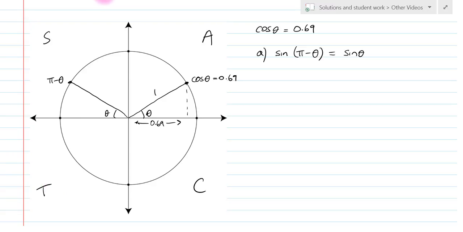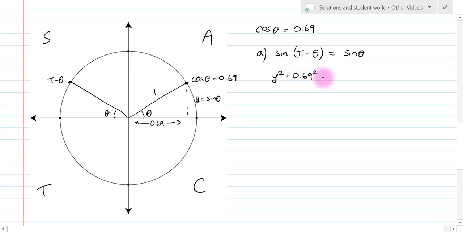And this is where a little bit of Pythagoras' theorem will help us. Let's call this value y. Now we know that y, which is equal to sine theta, that height from our work earlier, y squared plus 0.69 squared will equal 1 squared. And so we can calculate this. y squared will equal 1 minus 0.69 squared.